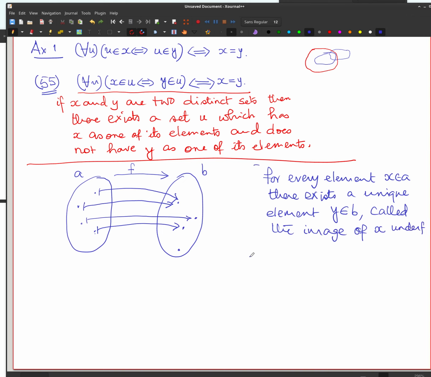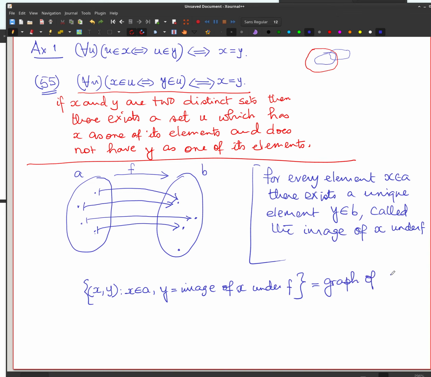Yeah, this is how possibly most textbooks will define it, right? So now that we know how to make our ordered pairs, after this they will say that y is the image of x under F. And this set will be made, again extensionality comes in and so on, and this will be called the graph of F.